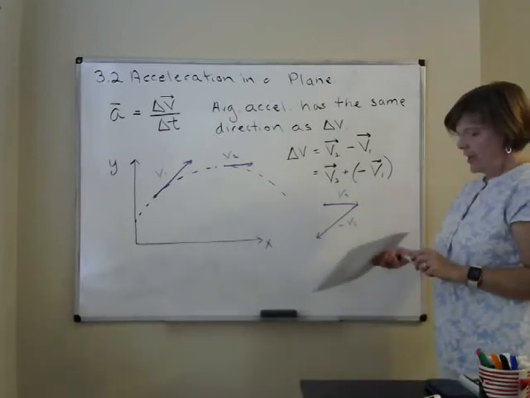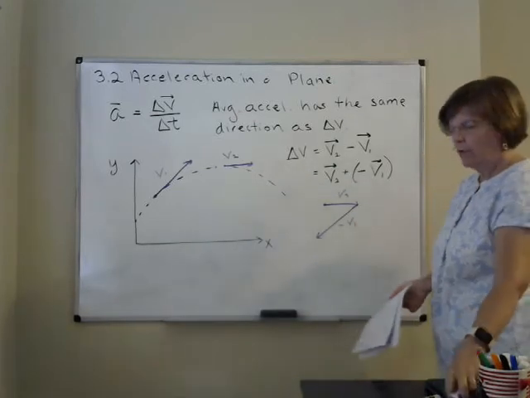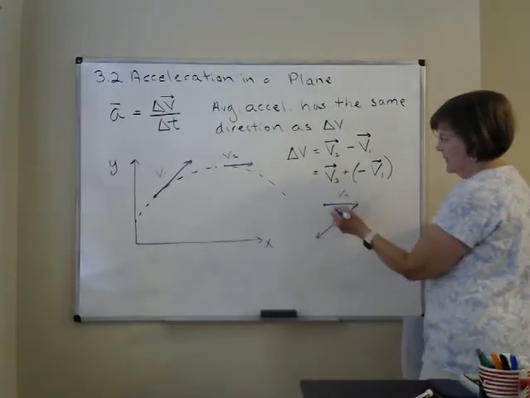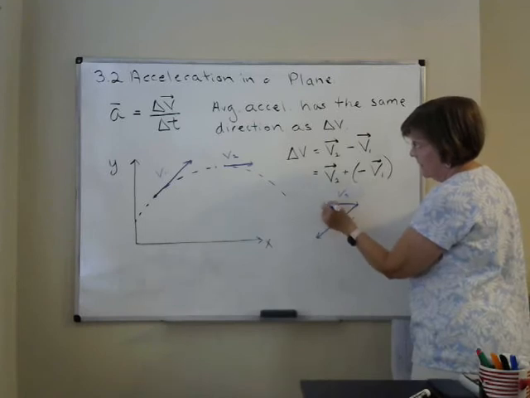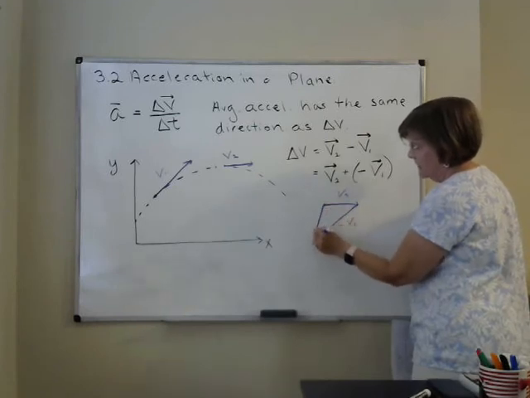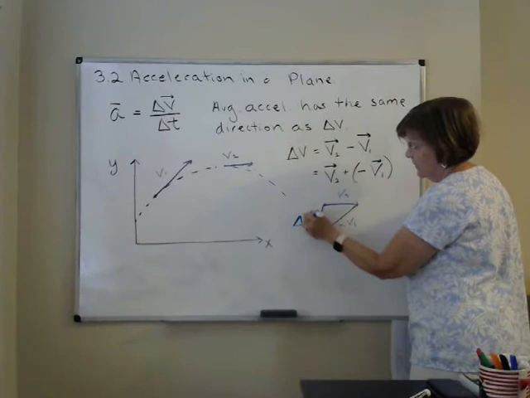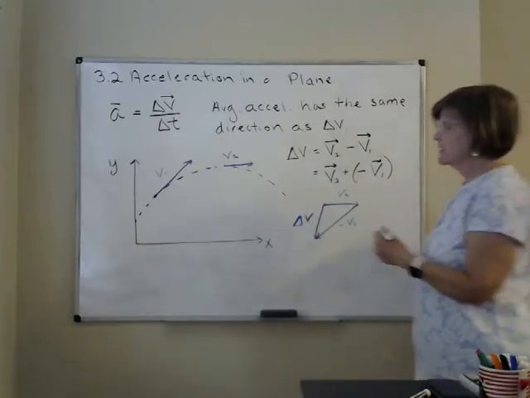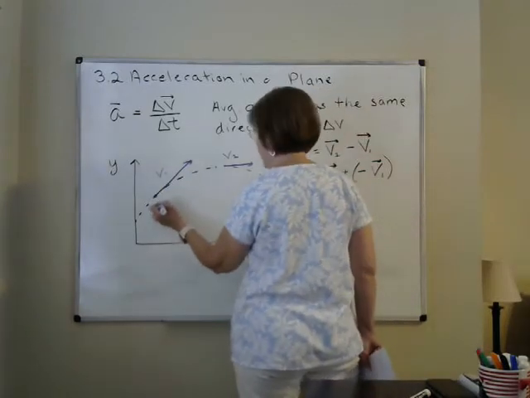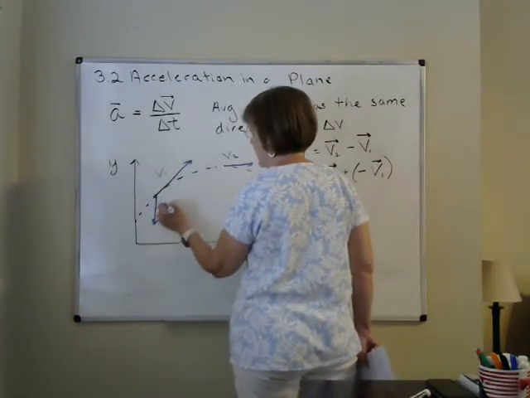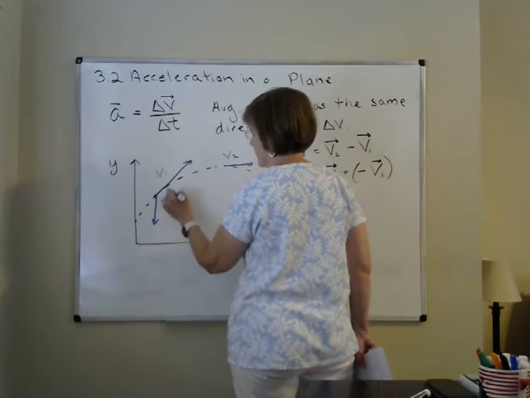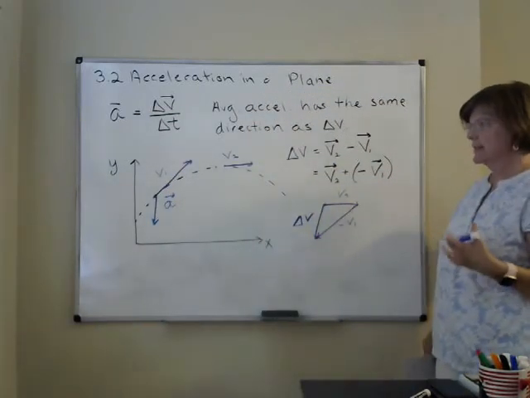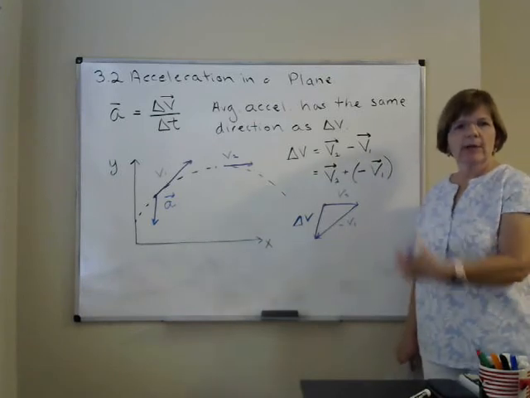To get that change, or that total, I start at the beginning and draw to the end. That's the change in velocity, or that's the direction of the acceleration. It's not intuitive, but our acceleration appears to be pointing pretty much straight down. And that is correct. In fact, I tried to model what goes on when you kick a football.